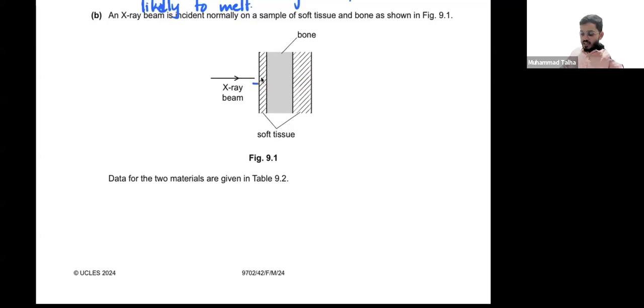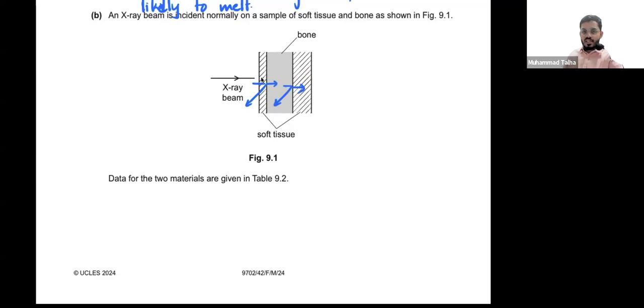Practically, when this beam enters, there is going to be some transmission and reflection at this medium. Similarly, when it reaches here, there's going to be some transmission and reflection at this medium as well. This is one thing that we have not taken into account in our calculations.